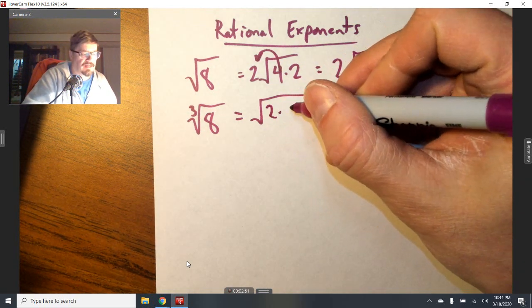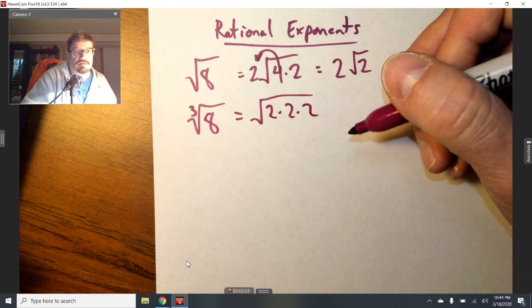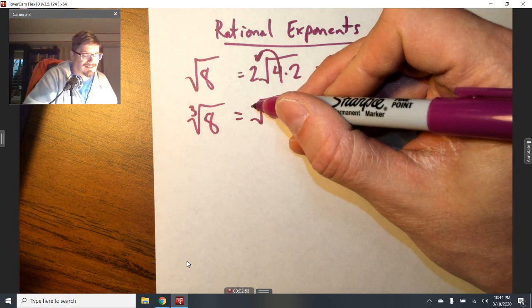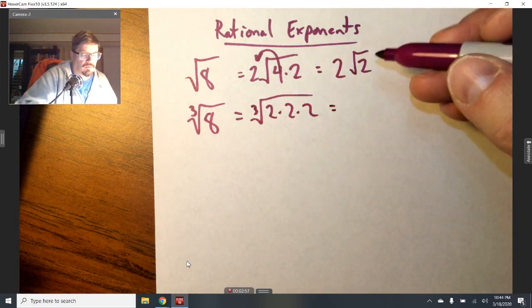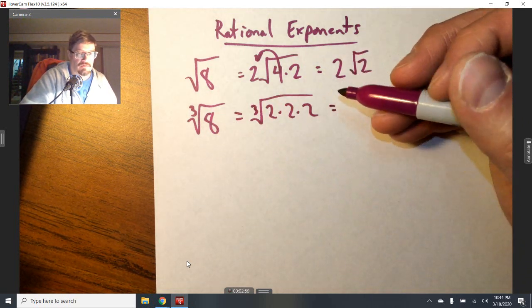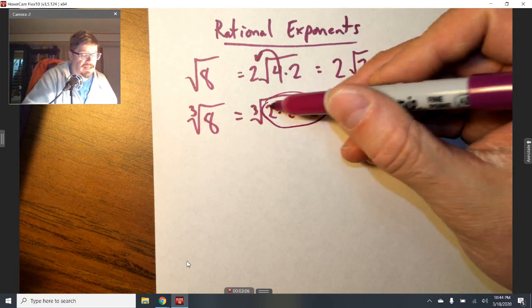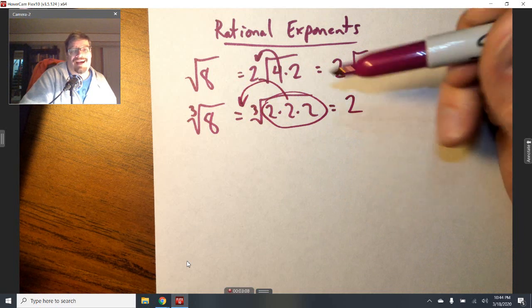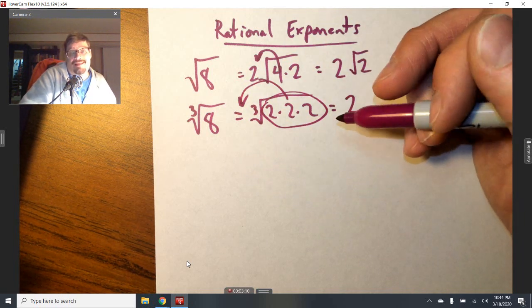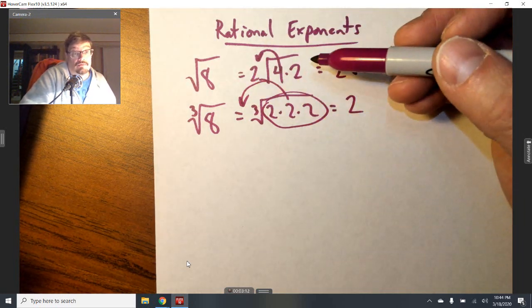So I can say that 8 is 2 times 2 times 2. If I want to take the third root, I ask what times itself 3 times equals 8, and that's 2. In other words, I'm taking a triple outside of the radical, taking all 3 out, and so I have 2.